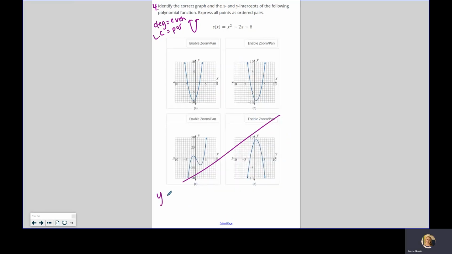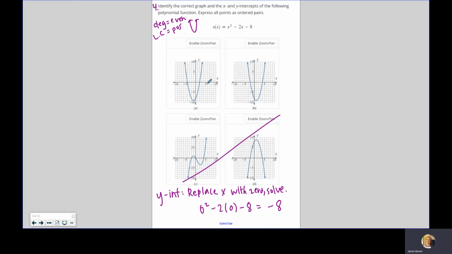We know to find the y-intercept, you just replace x with 0 and solve. So that's x squared minus 2 times 0 minus 8. So 0 squared is 0, minus 2 times 0 is 0, minus 8, so that's negative 8.